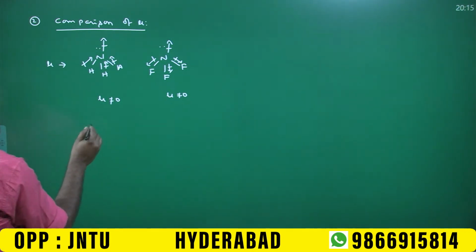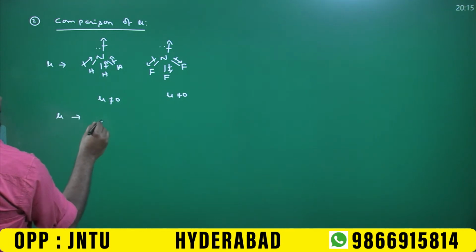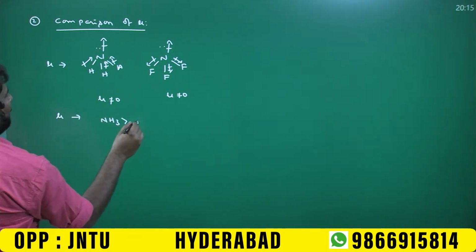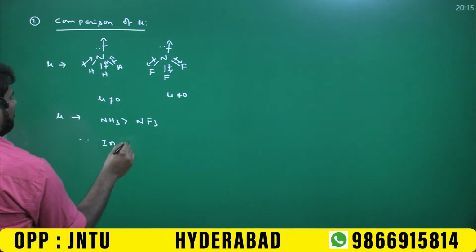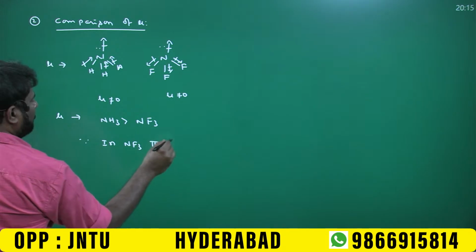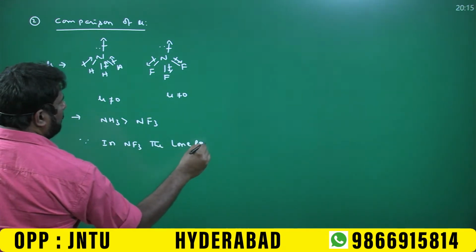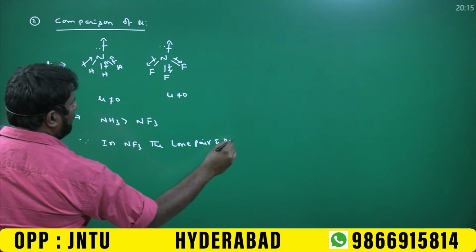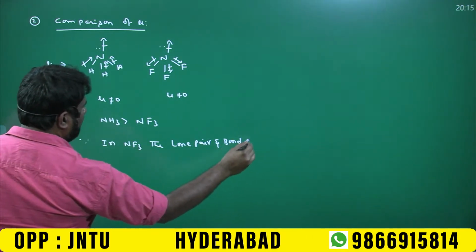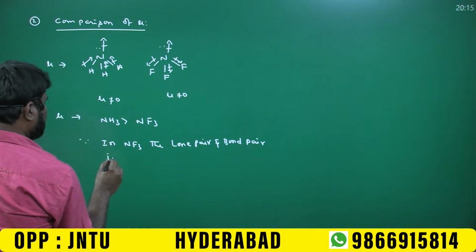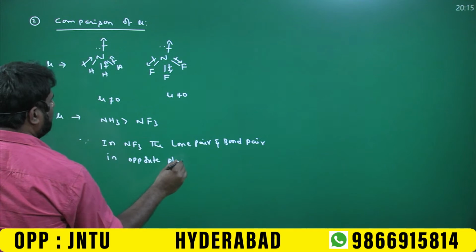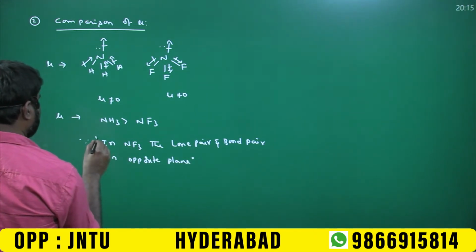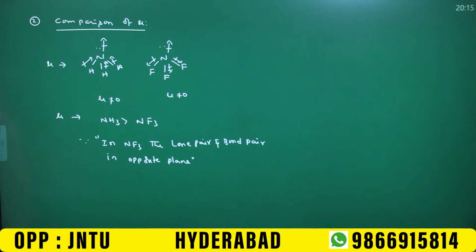So that is the reason the dipole moment of NH3 is greater than NF3. The reason behind it: in NF3 the lone pair and bond pair are in opposite planes. That is the first comparison.